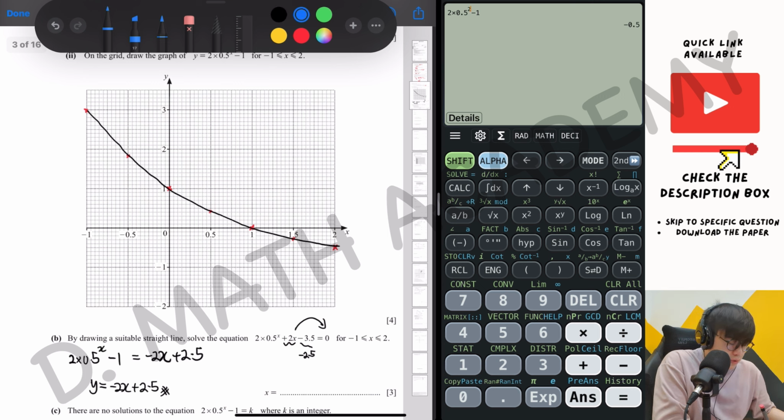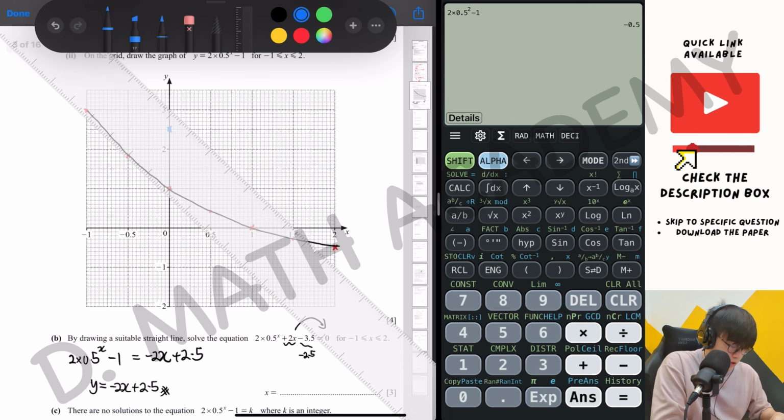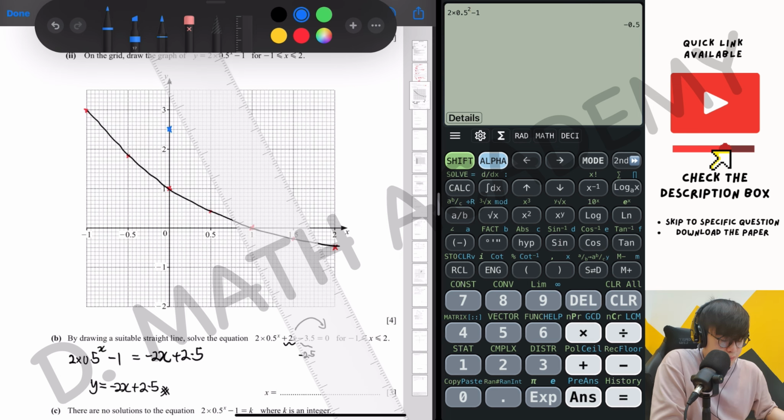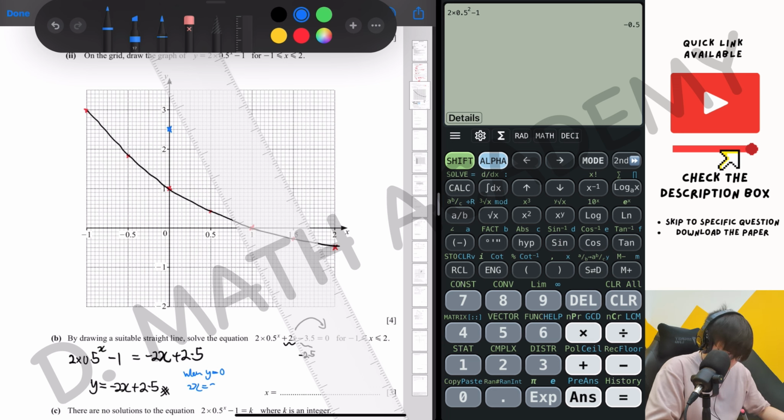So it's somewhere around here actually. All you need is to trace one more result here. For example, when my y is 0, you will get your x as 1.25. So this 1.25 is somewhere around here.